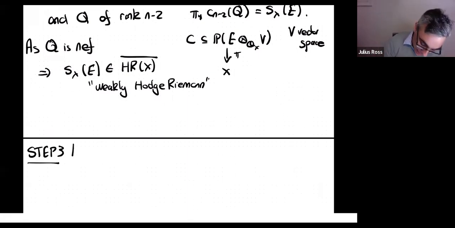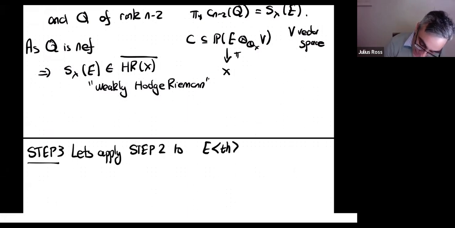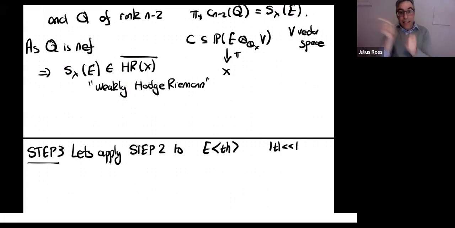So let's apply step 2 to the vector bundle E, again, twisted by some TH, where say mod T is small. So you just move E a little bit, at least formally. And so now what do you have?